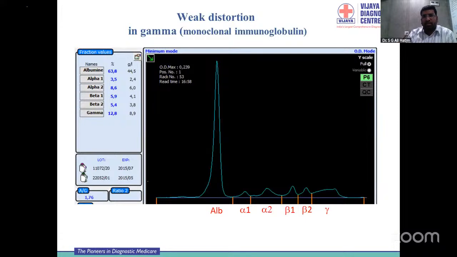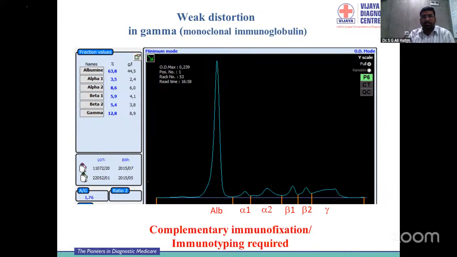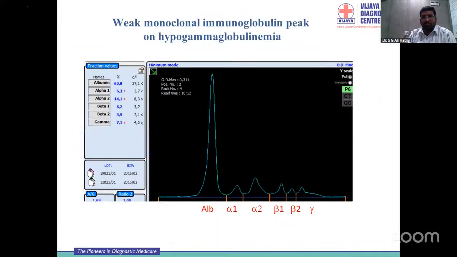One more case where you can see all the other fractions look normal. Concentration-wise also they are normal, but in the gamma region the normal pattern is lost. There is some distortion, and this could also be a monoclonal immunoglobulin. So again, the patient has to undergo immunofixation or immunotyping. This is one more case of monoclonal gammopathy.